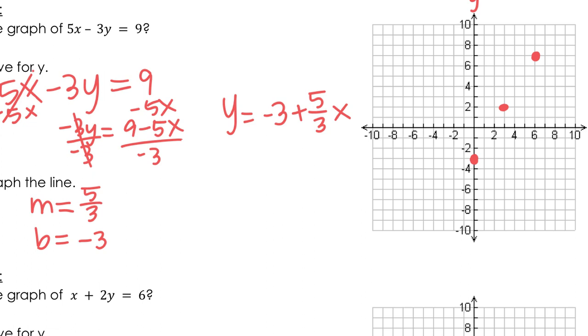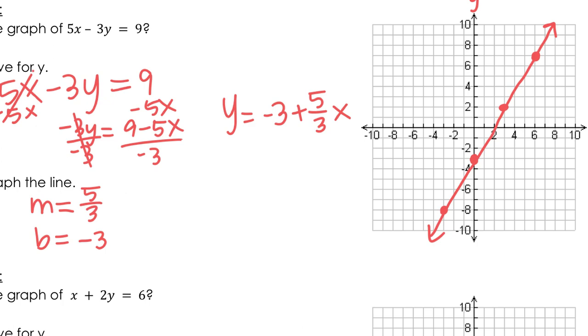I would normally continue that, but if I keep going up I run out of graph. So I'm going to do the opposite, and I'm going to go down 5, left 3. Down 1, 2, 3, 4, 5, left 3. And that makes all the points I possibly can make on my graph. So I'm going to connect my dots and put arrows on the end of my graph.